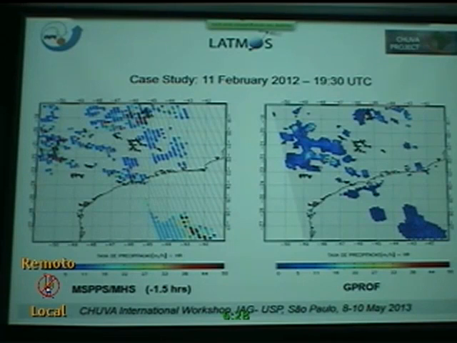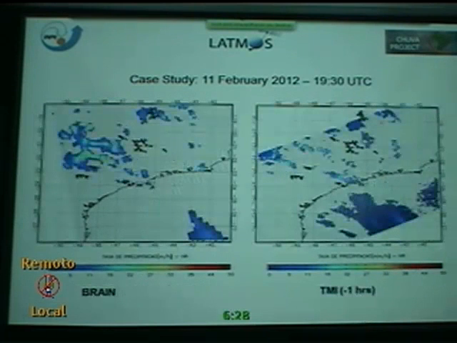The pattern is a little different because this image is 1 hour and a half before this one. So when we make this kind of comparison during a heavy convection period, perhaps the pattern could change with time.